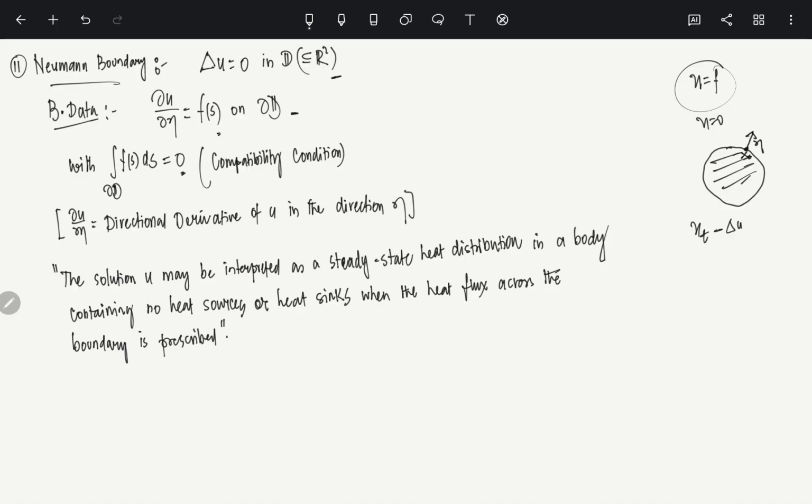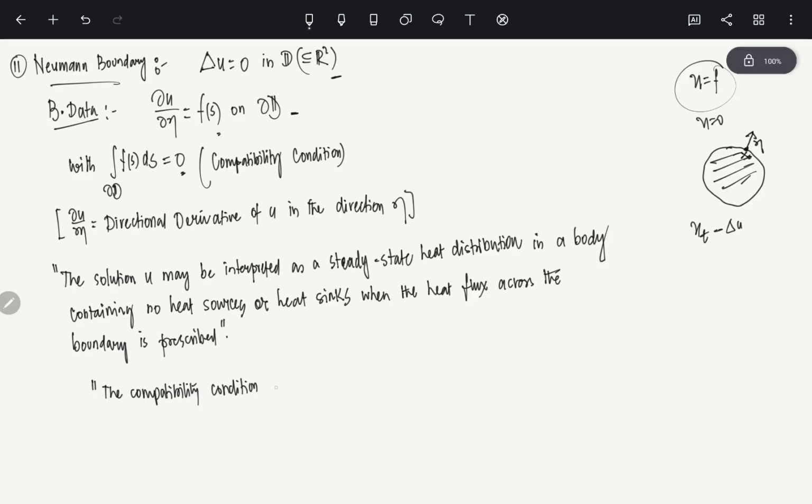The compatibility condition actually says that the net heat flux across the boundary should be 0. The compatibility condition implies, see, this integral over the boundary is 0, right? What is an integral? An integral is basically a sum, right?